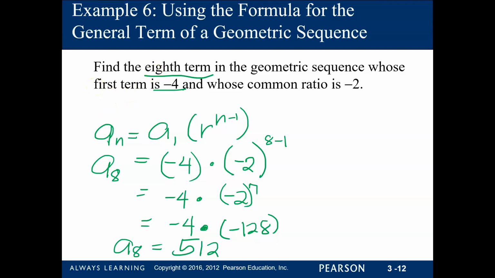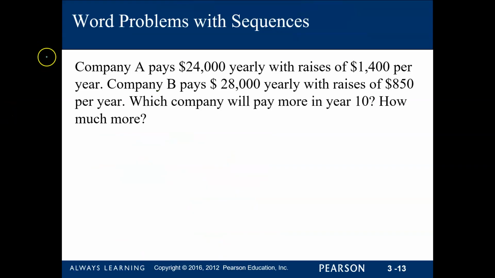So let's have 2 application problems here, just so you know how we can use our arithmetic or geometric sequences. So let's have this problem here. We have company A pays yearly $24,000 and raises $1,400 per year. Okay, so when we say raises, we are adding 1,400 every year. So what is our 24,000?